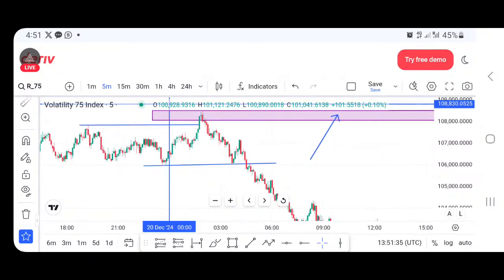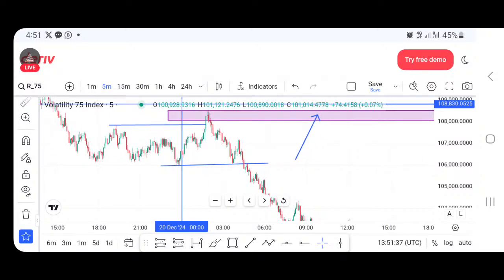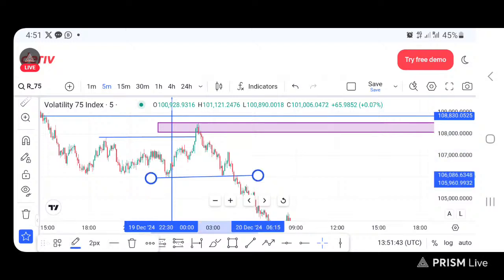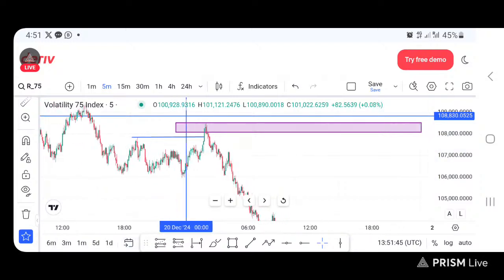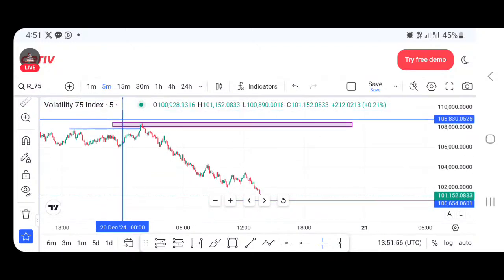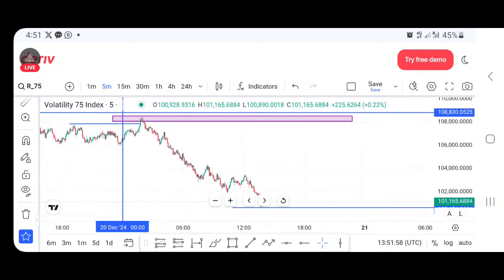Now we are going to use our WTB strategy here. WTB strategy. We remove this. So what we have to do, if the market comes back and enters here into your killer zone, after entering there, it will be making higher highs and higher lows. Let's say that this here, it's here. Are you getting the point?